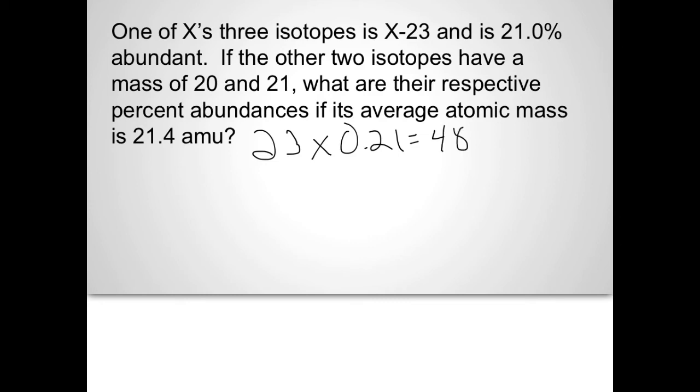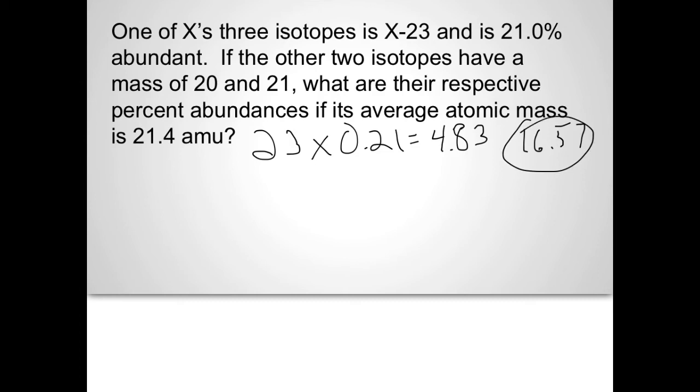So that's the mass contribution of the first isotope, which is the one we know. What's left in terms of the average atomic mass, 21.4 minus 4.83, is 16.57. So that's the mass that we need to account for with these other two isotopes.